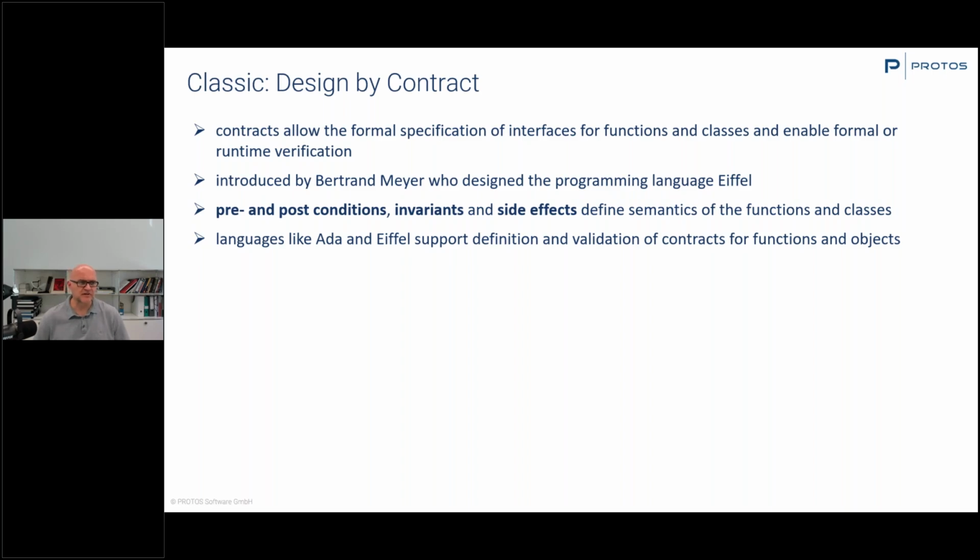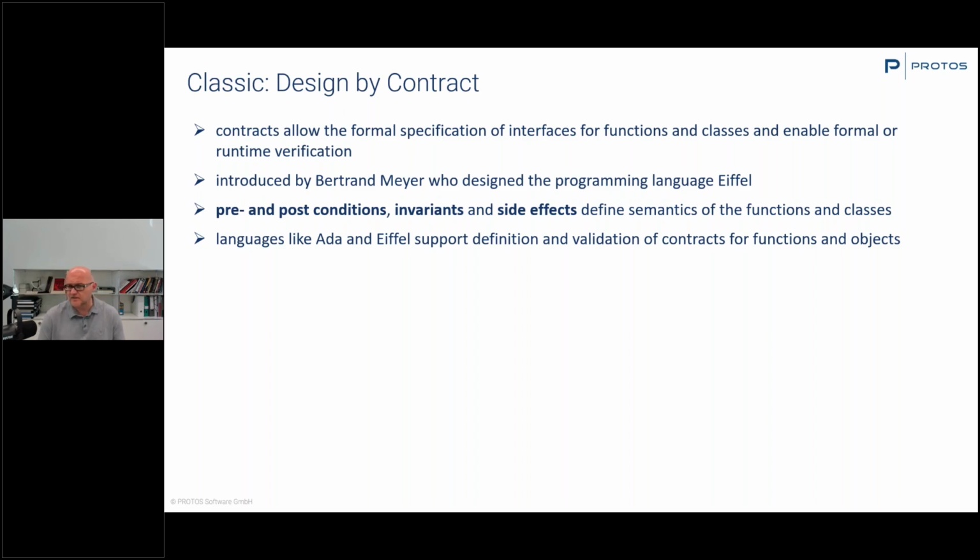Let's start with a classic contract, design by contract. It has been introduced by Bertrand Meyer. He designed the programming language Eiffel. And the basic idea is to describe pre and post conditions, invariants, and side effects to define the semantics of functions and classes.